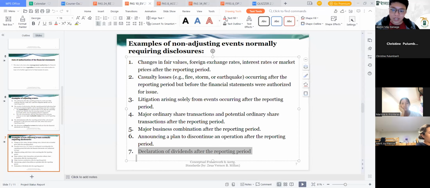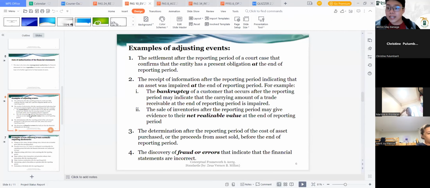In this slide, for number 7, pag non-adjusting events, only notes disclosure is needed. A while ago, in slide number 6, pag adjusting events siya, adjusting entries are needed. So, amounts or account titles will be affected pag adjusting events siya.